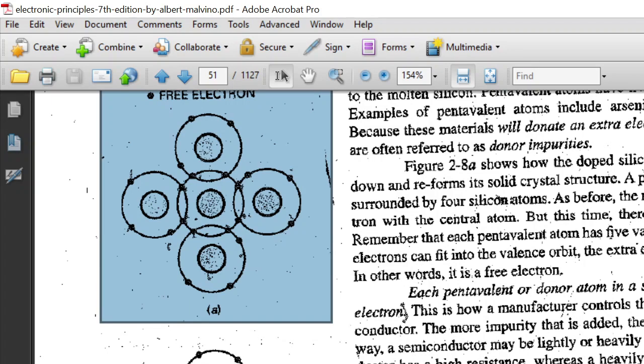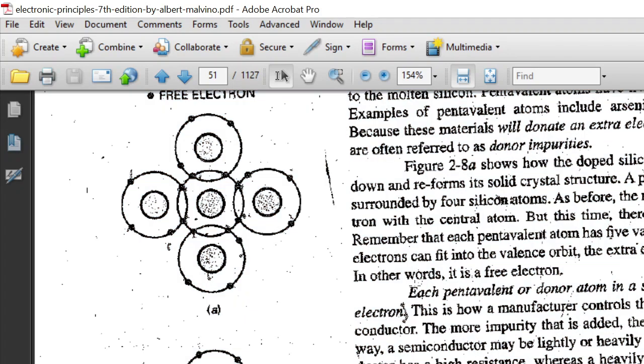So each pentavalent atom is also called a donor atom because it is donating an additional electron. They are called donor atoms because they are donating additional electrons. So this is how a manufacturer controls the conductivity of a doped semiconductor.